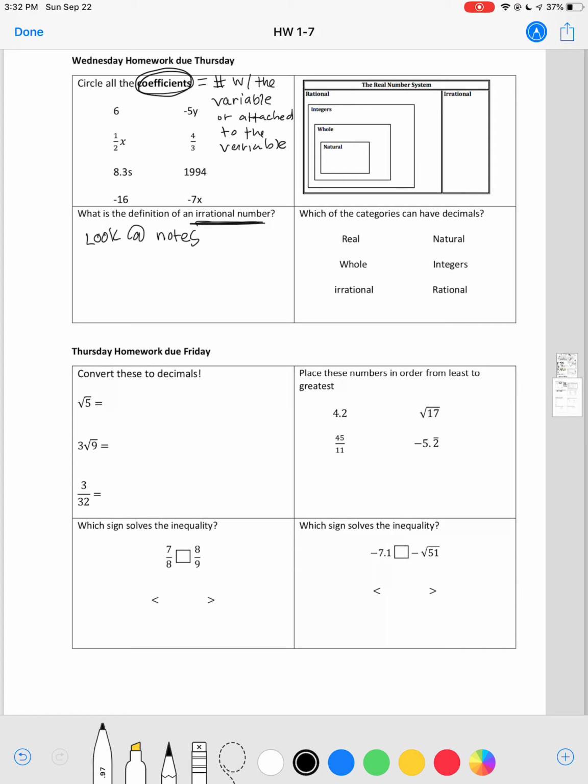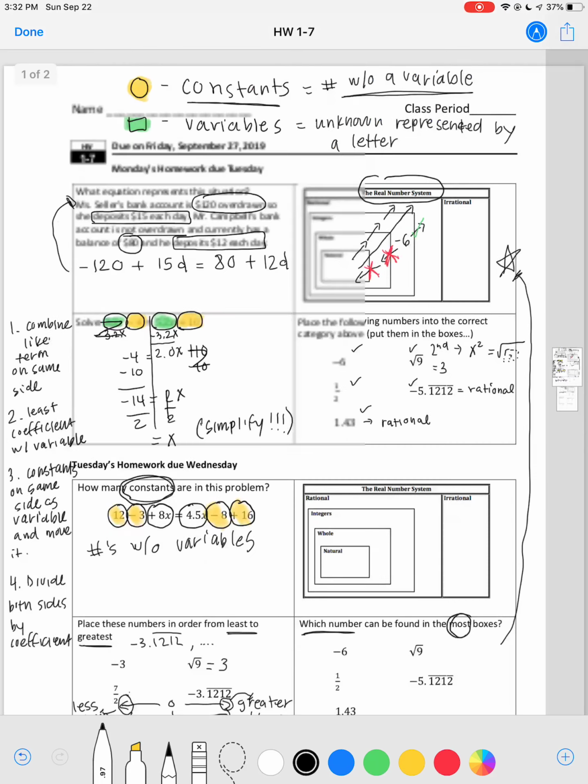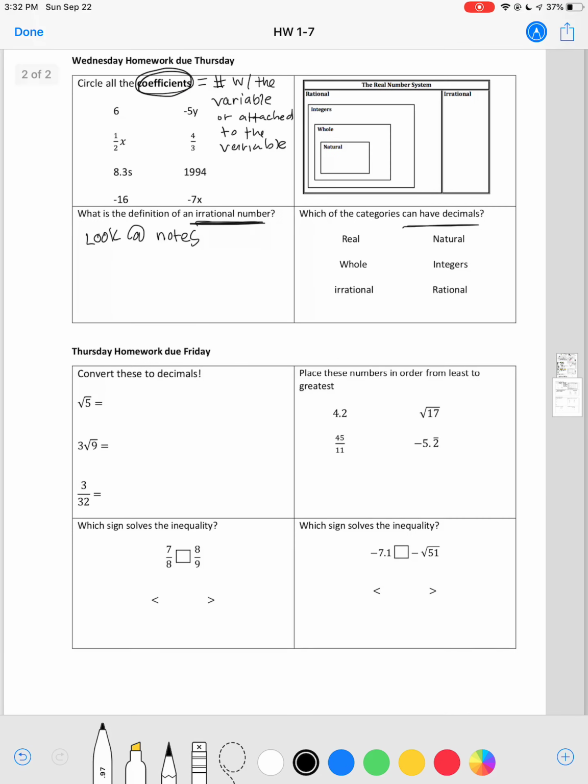Now, which categories can have decimals? Once again, referring back to this chart right here, we'll be able to answer this question.